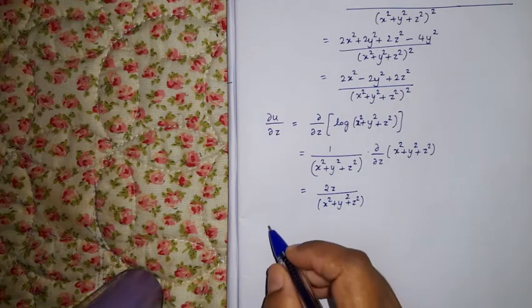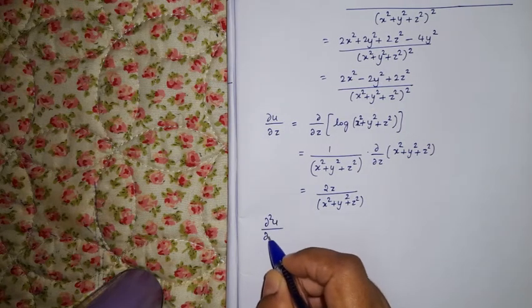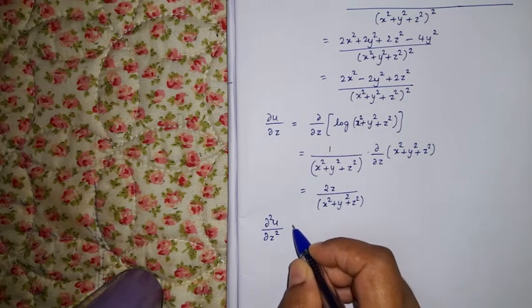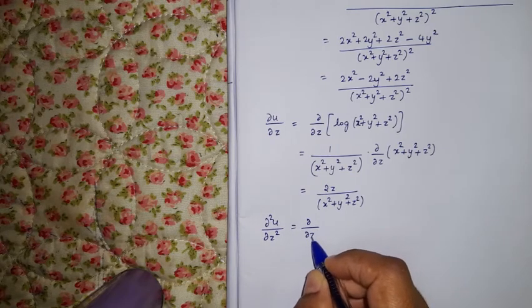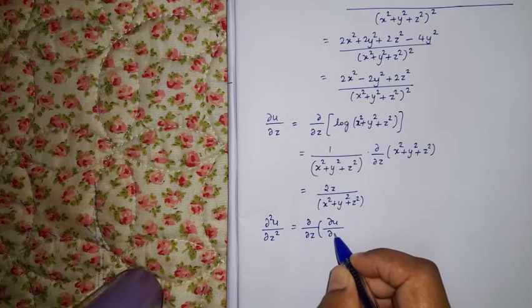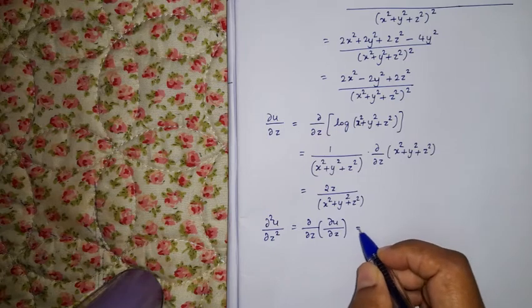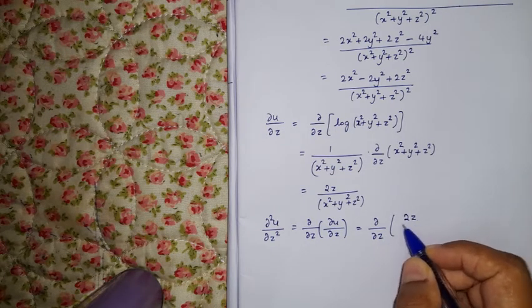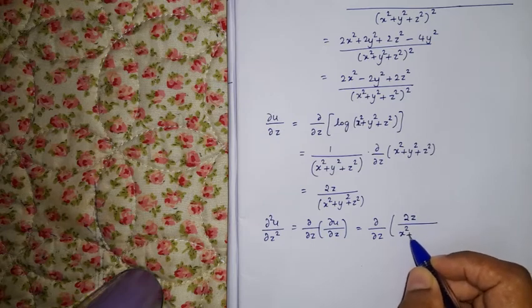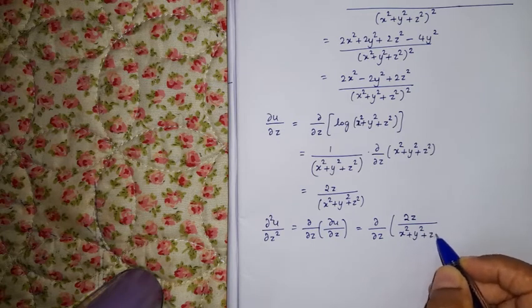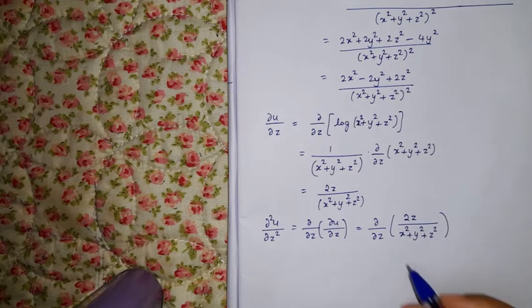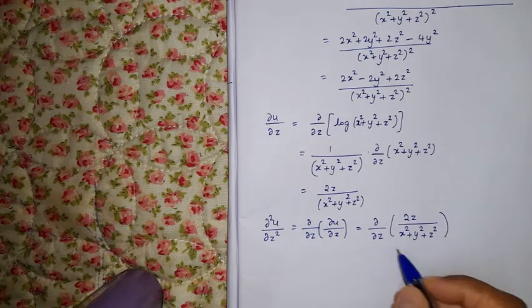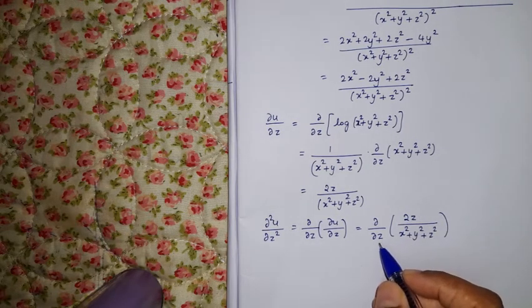Next we need dou square u by dou z square. So we will be having it as dou by dou z of dou u by dou z, which is equal to dou by dou z of 2z divided by x square plus y square plus z square. Now we have to differentiate this term partially with respect to z.